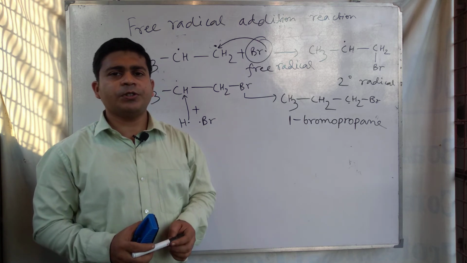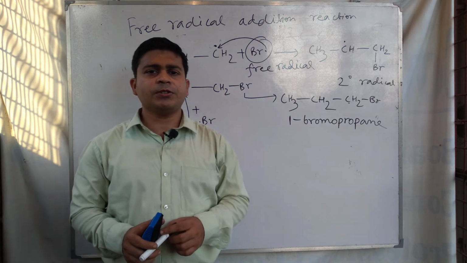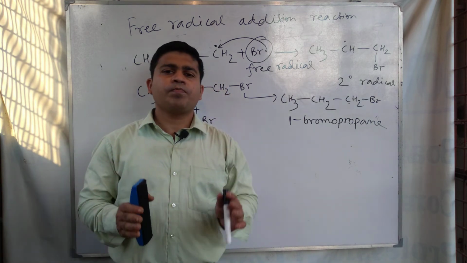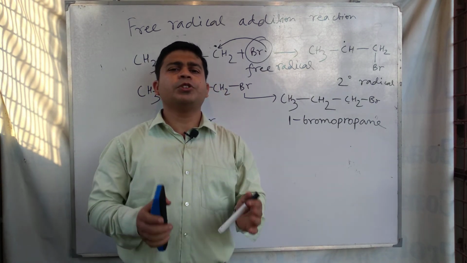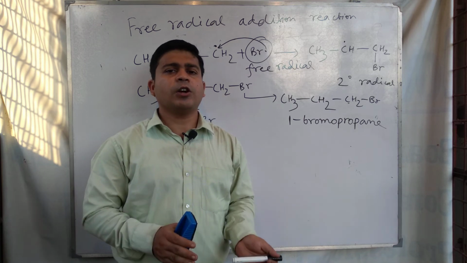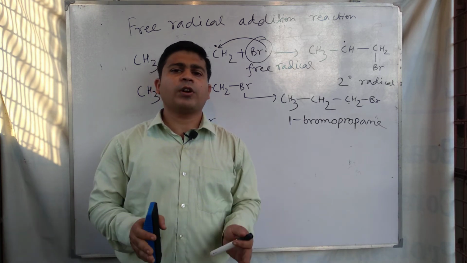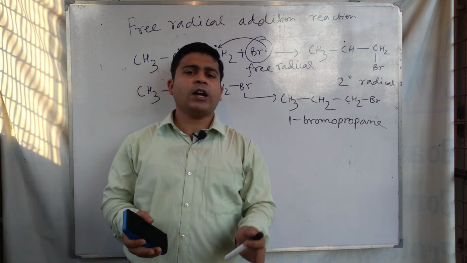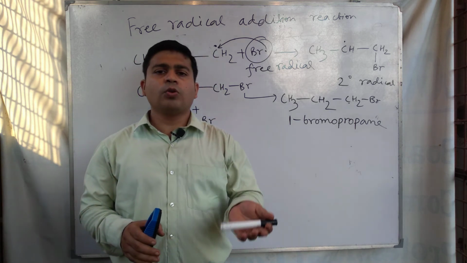In organic chemistry there are 3 types of addition reactions. One is electrophilic addition reaction, which is initiated by an electrophile. An intermediate carbocation is formed. After that, product formation occurs by the attack of the nucleophile.